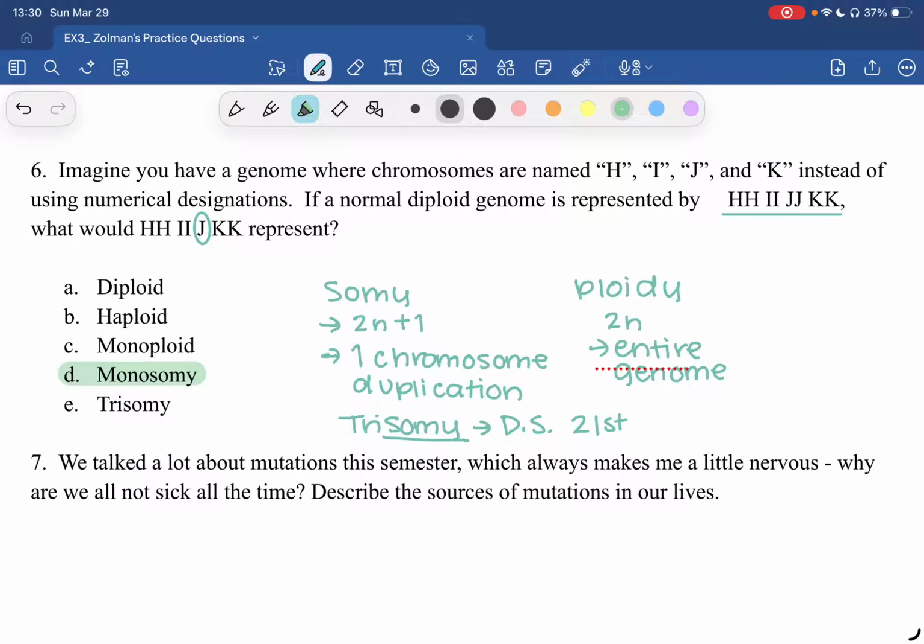It would be monoploid if all of these letters only had one, so if it was just H, I, J, K. But because H, I, and K all have their pair, or their diploid match, so there's 2 of the letter, it makes it somy because only one of the letters is affected. Or in this case, chromosomes, because the letters are being represented by chromosomes. So again, only one chromosome is affected, just like in Down syndrome.